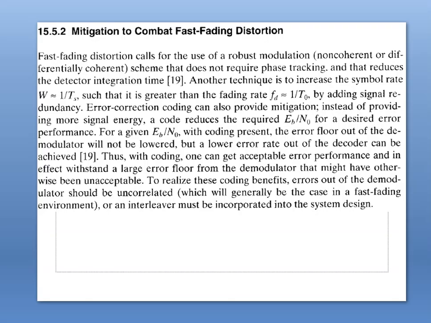Thus, with coding, one can get acceptable error performance and in effect withstand the large error floor from the demodulator that might otherwise have been unacceptable. To realize these benefits, errors out of the demodulator should be uncorrelated, which will generally be the case in a fast fading environment, or an interleaver must be incorporated into the system design. Due to that, complexity increases.